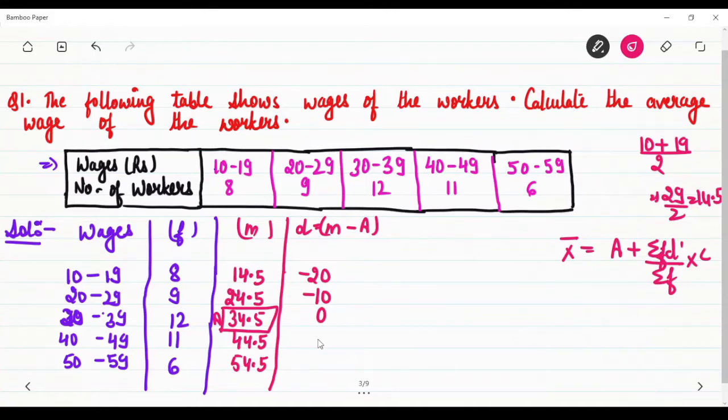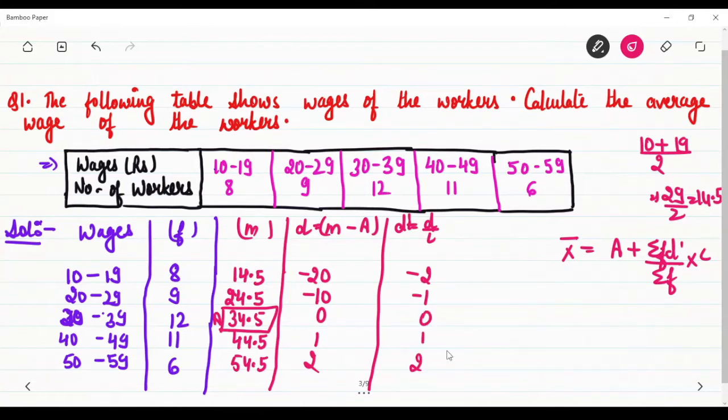Now what we want is D dash. And what is D dash? D dash is D upon I, right? So let us take I as 10. So here we will get minus 2, then minus 1, 0, 1 and 2. Easy.